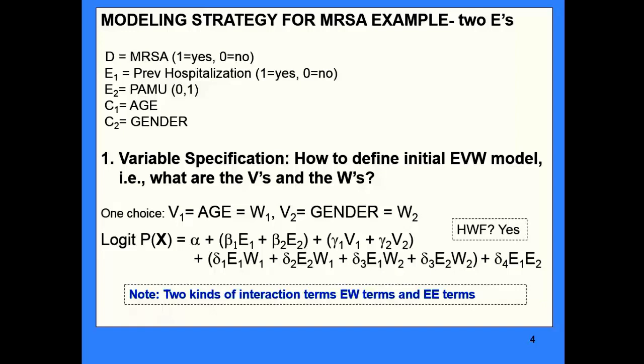It always could be that too, but then you're talking about another kind of E. If you're talking about products among E's, it's all possible pairs, so it's different. Anyhow, that's the model. All I've done is write out the E's, the V's, the EW's, and the EE's.